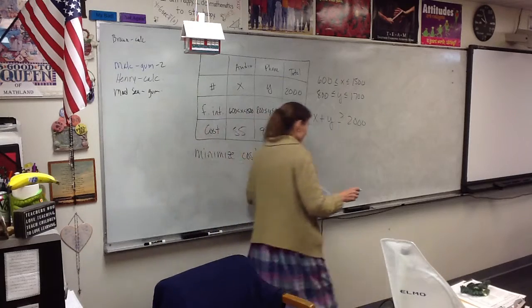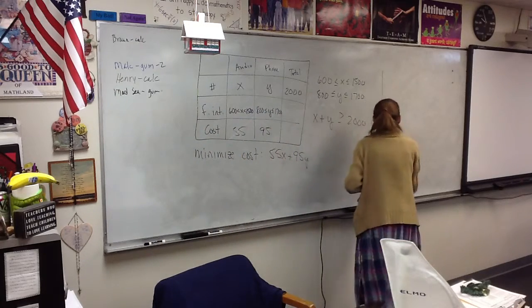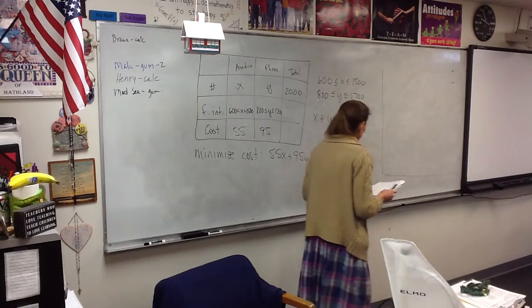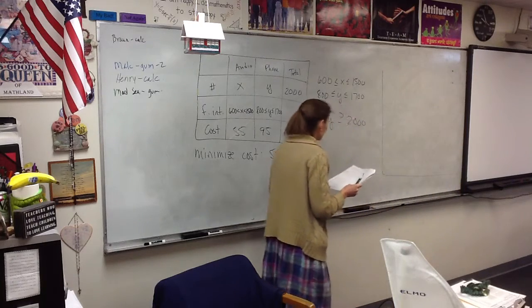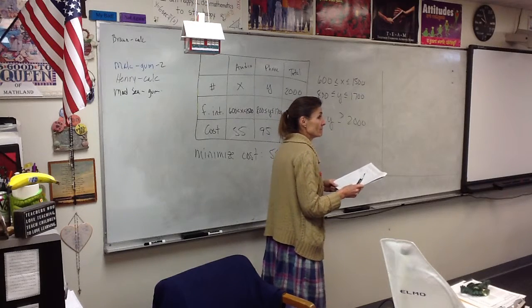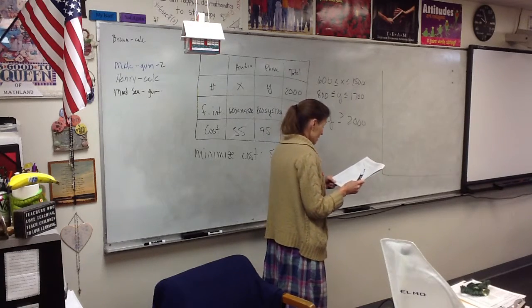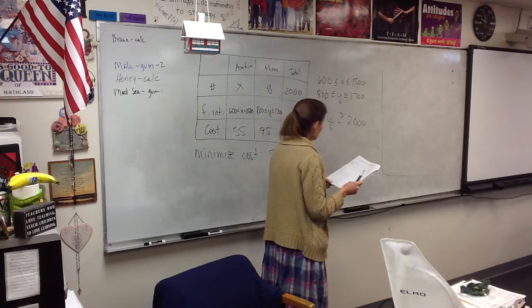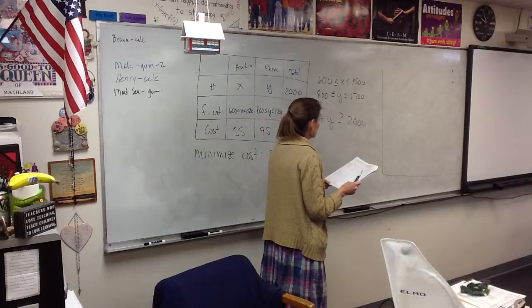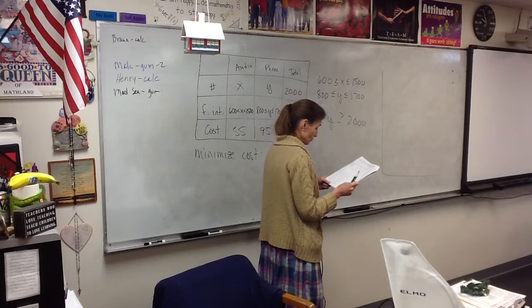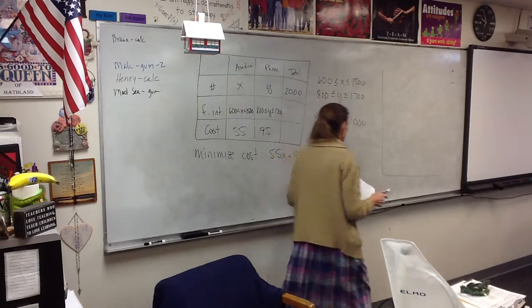Okay? Now, let's graph it, and looking at the size of those numbers, well, tens aren't even gonna be big enough, are they? 100. Hundreds? 200. I think we should just make 200.